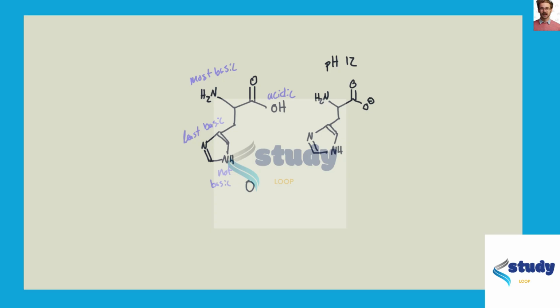Now, if we continue on and lower the pH, right? So slightly less basic, but still on the basic side of pH 7, right? We will begin to protonate our most basic amines, specifically our primary amine. I'll note here that the overall charge of this molecule is -1, and that as we lower the pH, O minus, this will remain charged.